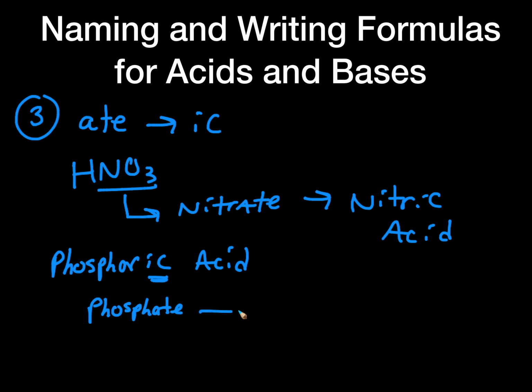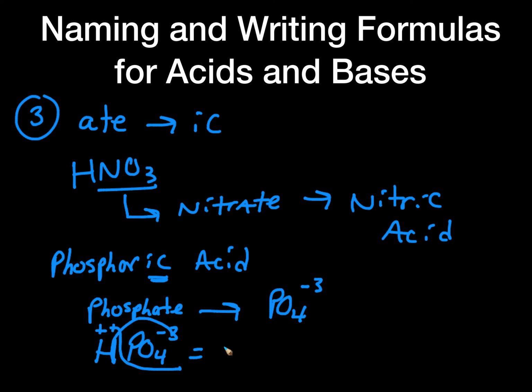And I know phosphate is PO4, and it has a -3 charge. So we know hydrogen is H, has a +1 charge. Phosphate, PO4, -3. We're going to crisscross our charges, and it will become H3PO4.